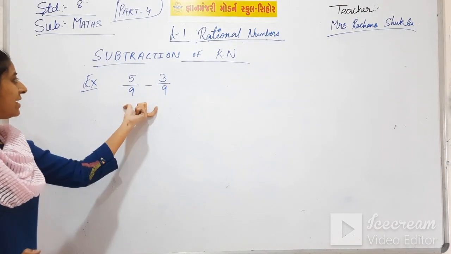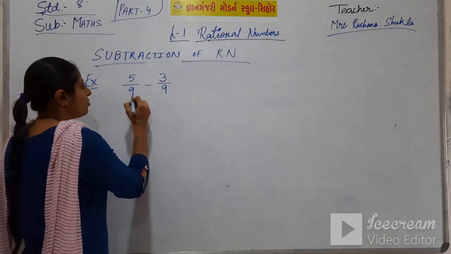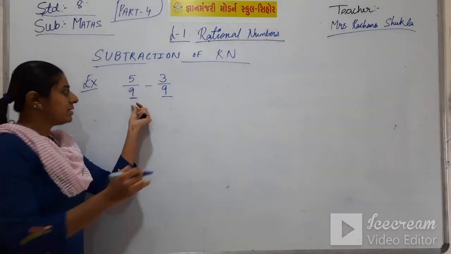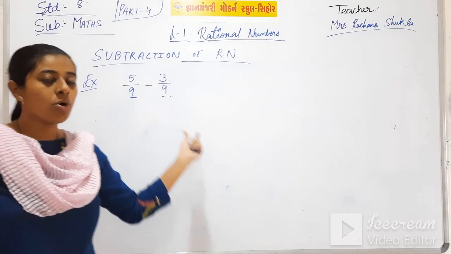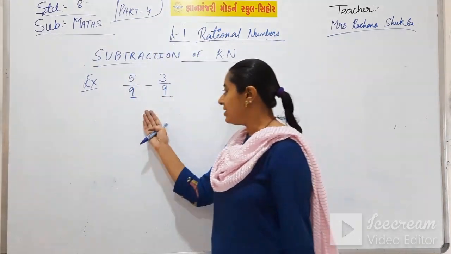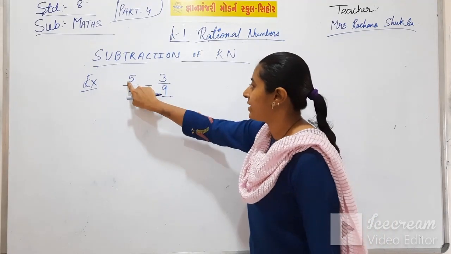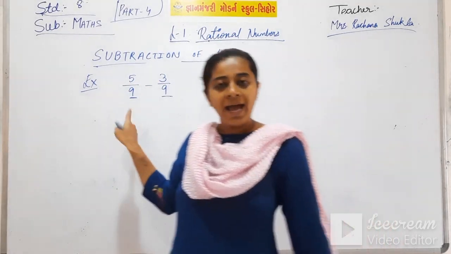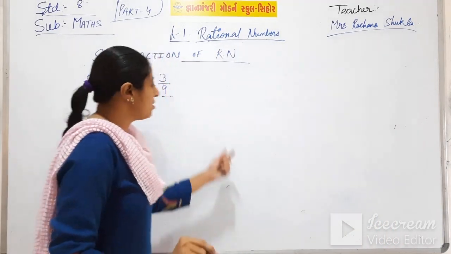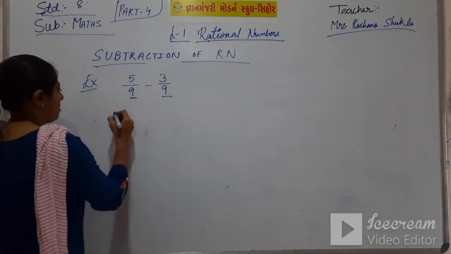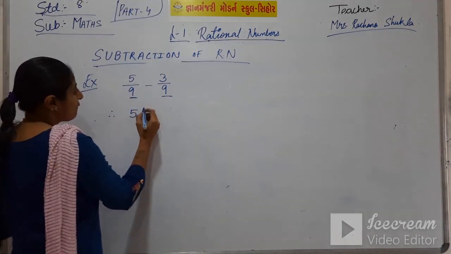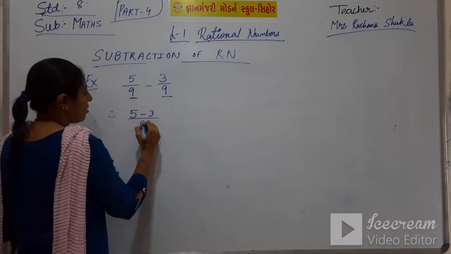You can see here that we have the same denominators, 9 and 9. So you don't need to take the LCM for these numbers. We can directly subtract 5 minus 3 as we did in addition. Here we will do subtraction. Therefore, 5 minus 3 upon 9.